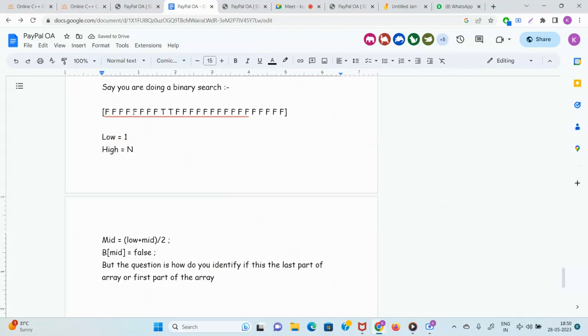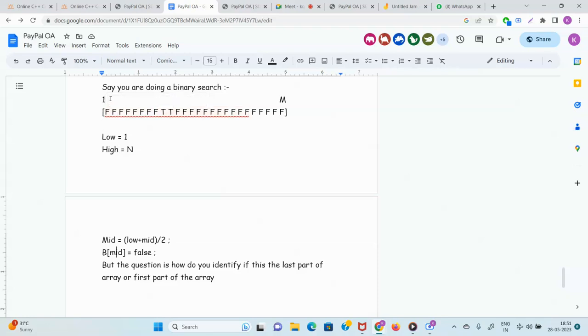So guys, for each index, for each value, you are going from 1 to m, right? 1 till m. I've written it as n, but this is m actually. So you are going from 1 to m. So how do you know this F part is the starting part or the last part?